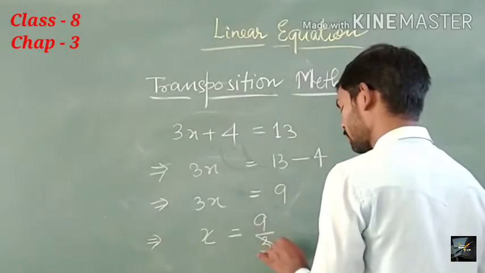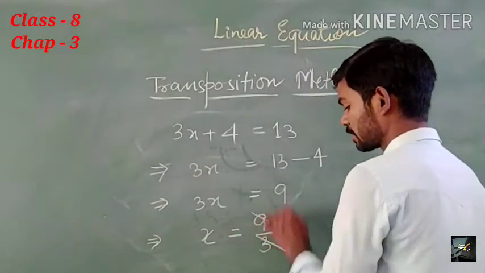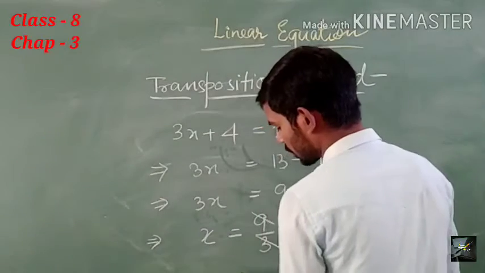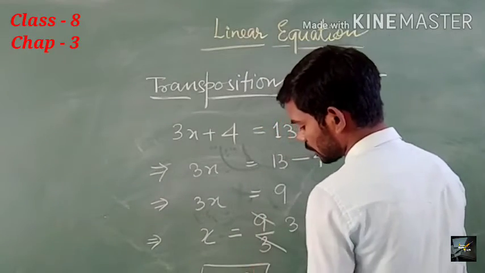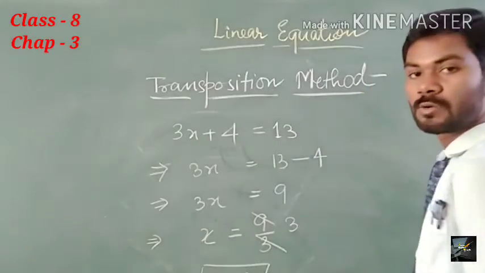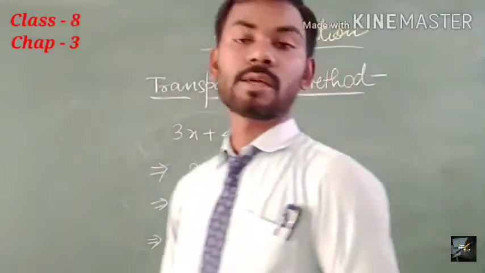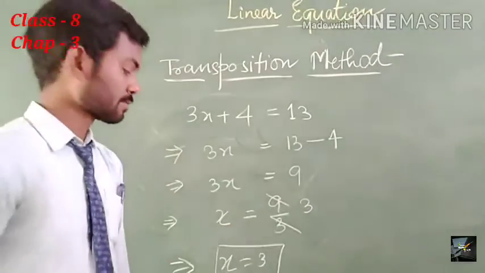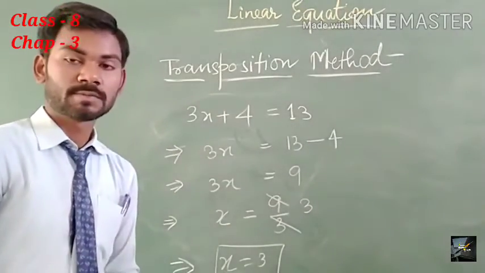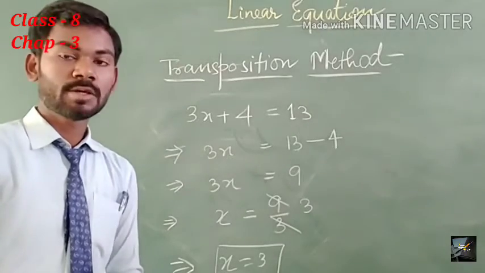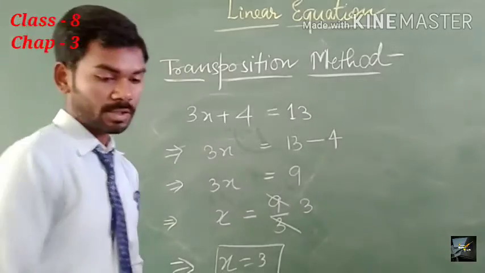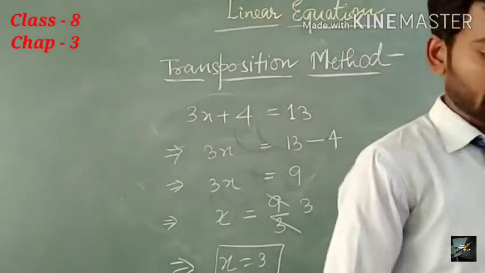Now solve it. 3 ones are 3 and 3 threes are 9. Then we get x equal to 3. Therefore, x is equal to 3 is the right answer. So, in this way, we can find the solution of the linear equation using the transposition method. Okay, students. So, I hope it is clear.